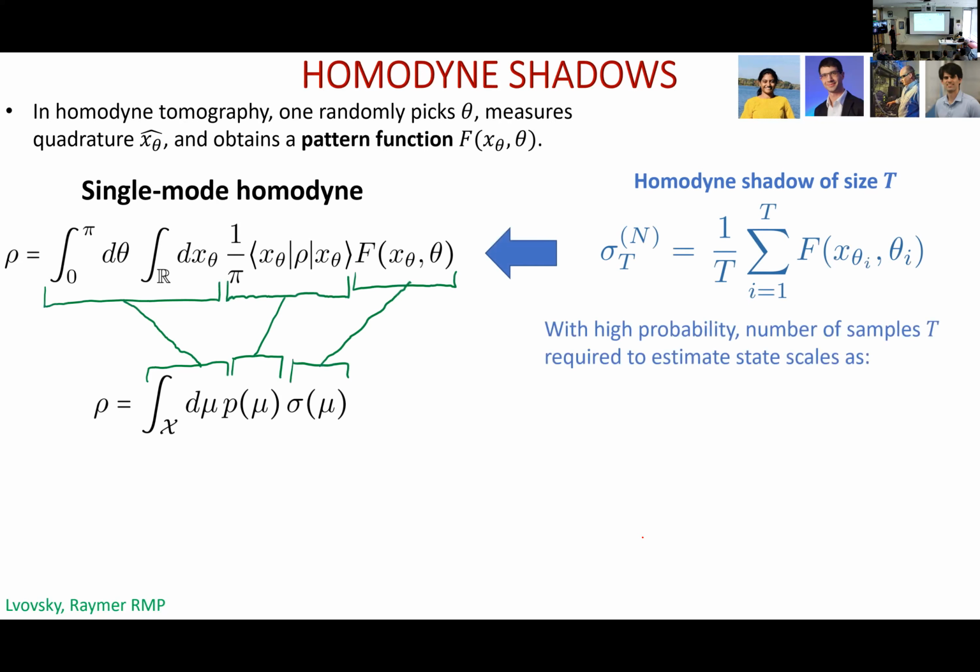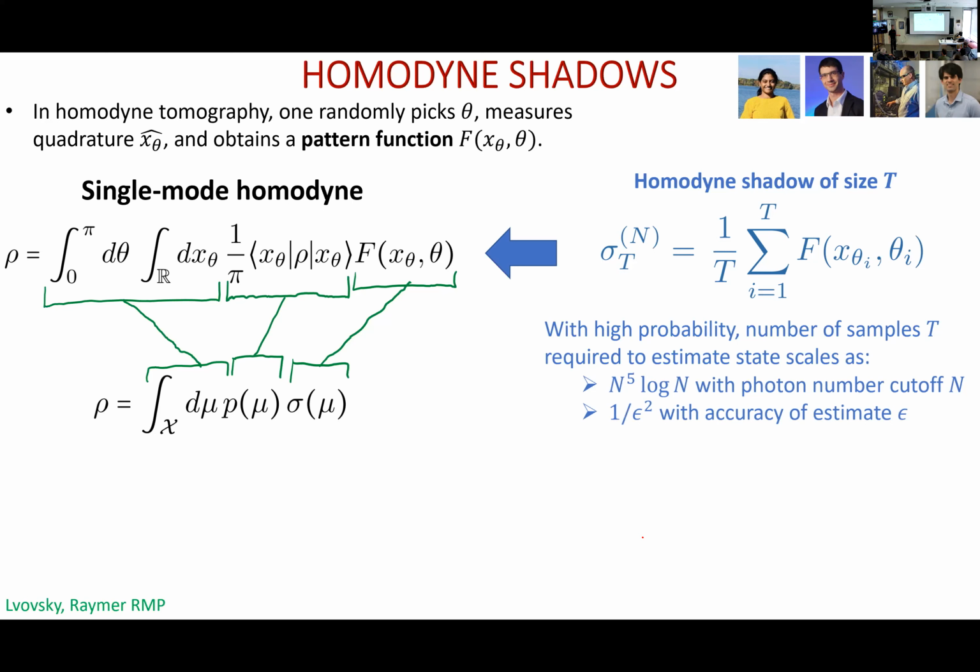With high probability, the number of samples required to estimate the state, with the dimension being the number of photons in the space, scales polynomially as n to the 5th, and 1 over the square of the accuracy of the estimate. So this is just throwing statistics at the problem and showing that homodyne works this way.